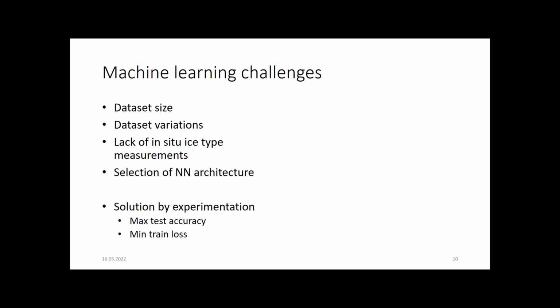The challenges for the model. First and foremost, the dataset size. It seems that 20 to 50,000 samples is enough. It can be enough; it probably depends on your application and the data you have.